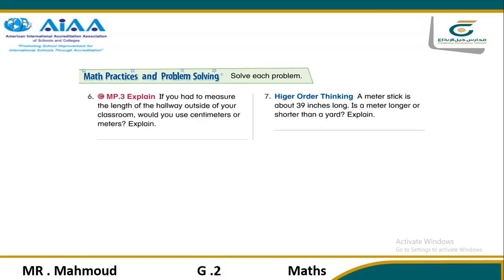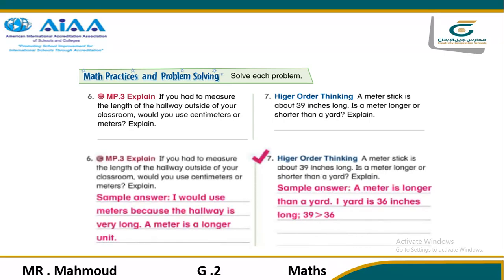If you had to measure the length of the hallway outside your classroom, would you use centimeters or meters? Yes, it's meters. Why? Because the hallway is very long, and a meter is a longer unit. It's easier to use meters than centimeters.